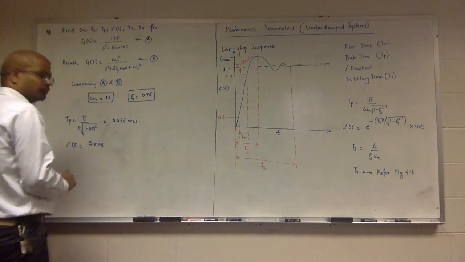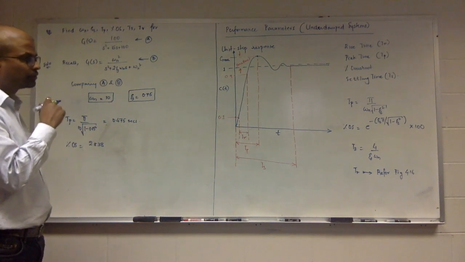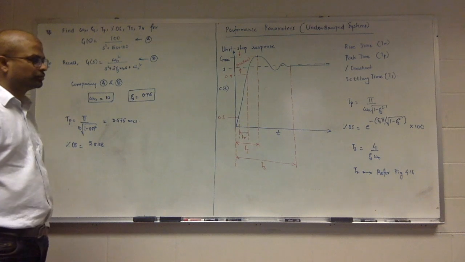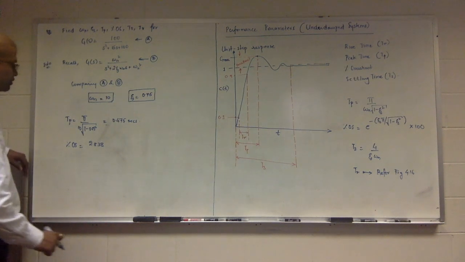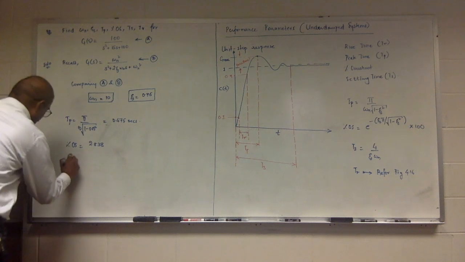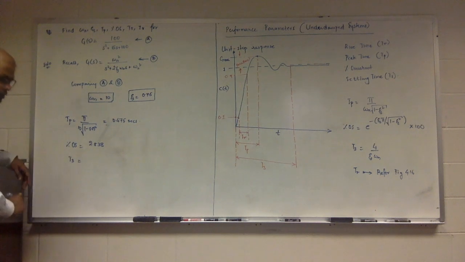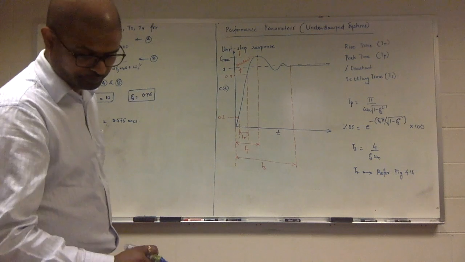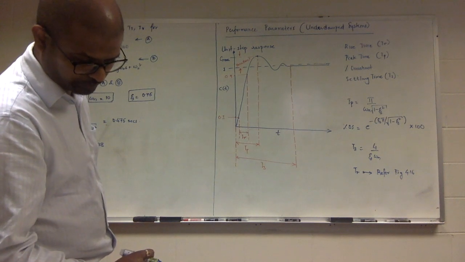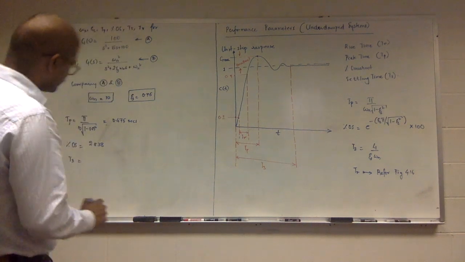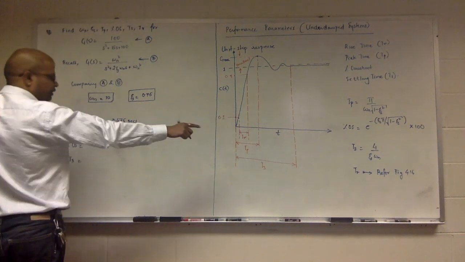Notice when we were doing that 2.2 stuff, that was for the first order system. This is the second order system. And TS is, again, you just have to use that formula.